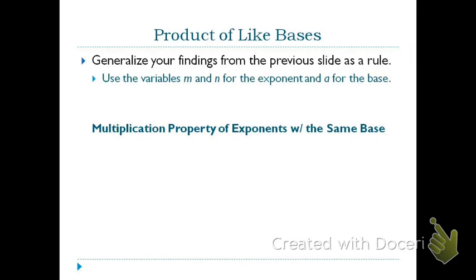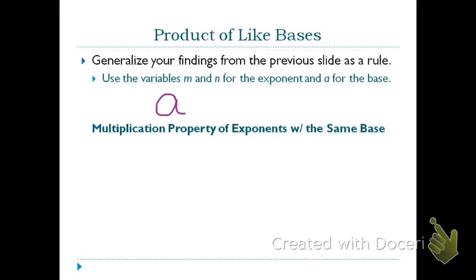In other words, we can generalize this using variables to represent the numbers and to represent words. So using the variables m and n for the exponents and a as the base, let's make a rule.